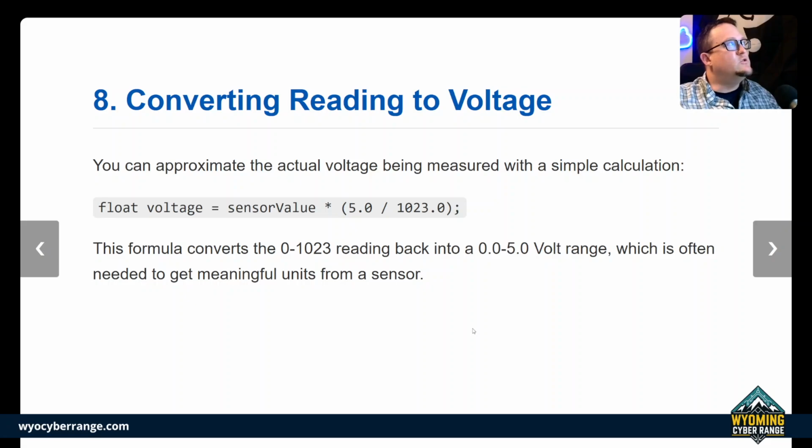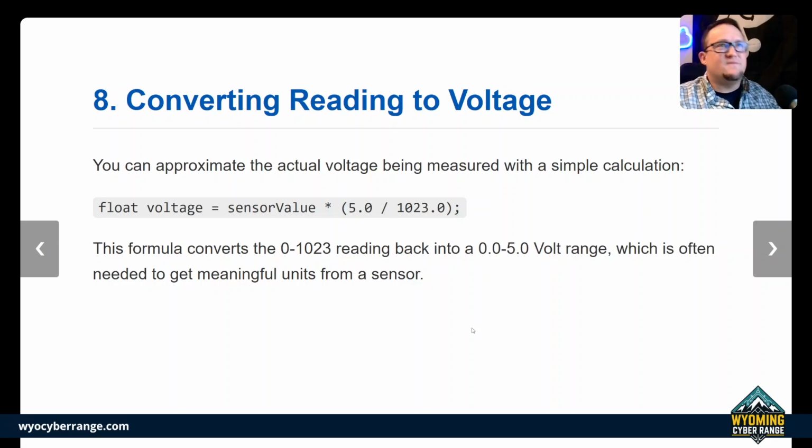If I want to convert this signal, you can always approximate the voltage with a simple calculation. You take the sensor value and multiply it by 5 over 1023. A lot of people ask, why 5? Well, it's because the Arduino power is at 5 volts. It runs off your USB port, and it's designed to output 5 volts on each one of the pins.